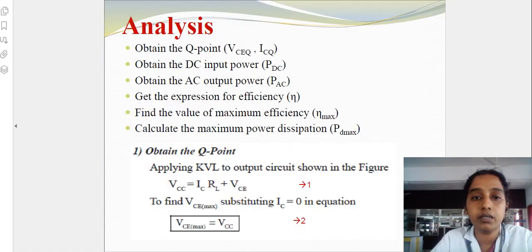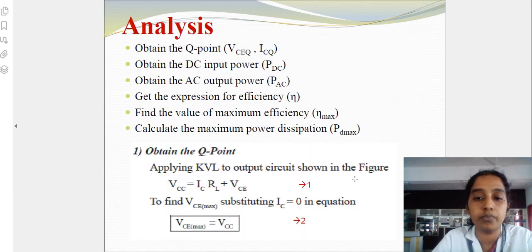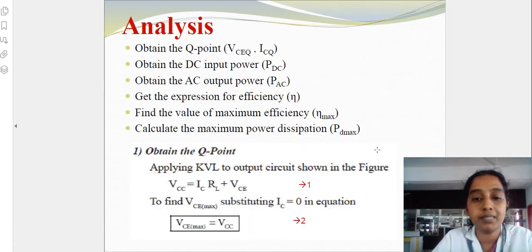So we can see the analysis of class A. First we need to obtain the Q point. Applying KVL to the input circuit, VCC minus IB RB minus VBE equals 0. Applying KVL to the output circuit, VCC minus IC into RL minus VCE equals 0.